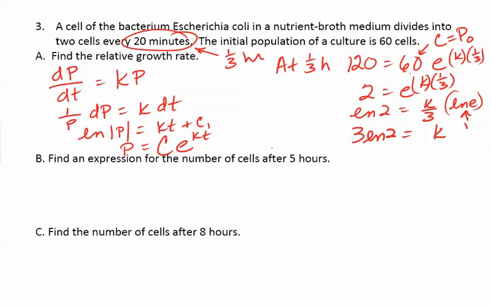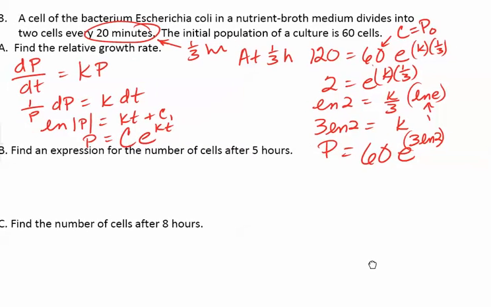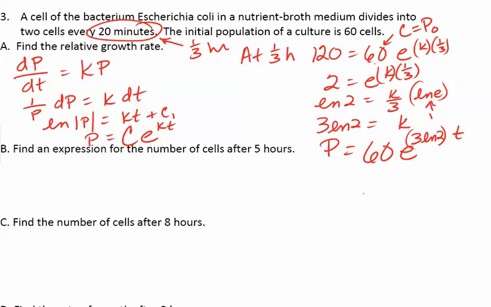All right, so now we've got our model. So now we know that our population is equal to our initial population, e to the 3 ln of 2 times t. All right, or another way of writing this, what is e to the ln of 2?